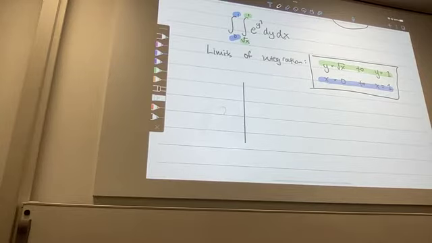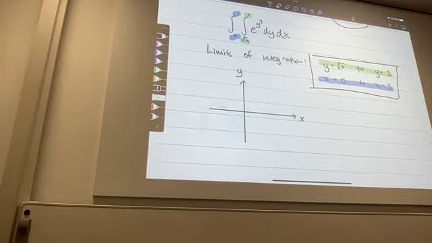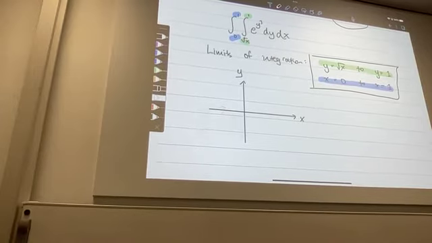So here's our xy plane. Okay, so the line y is equal to root x, what does that look like? It does something like that. Okay, so there's our line y is equal to root x.